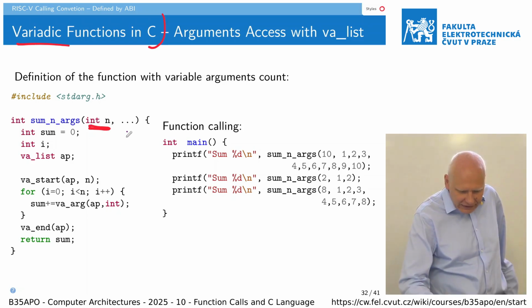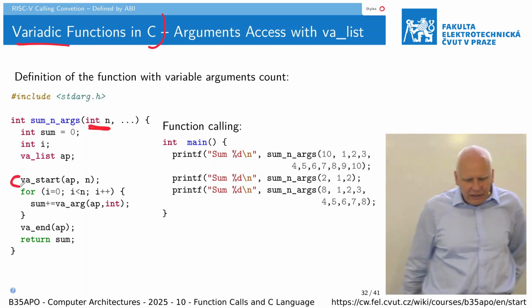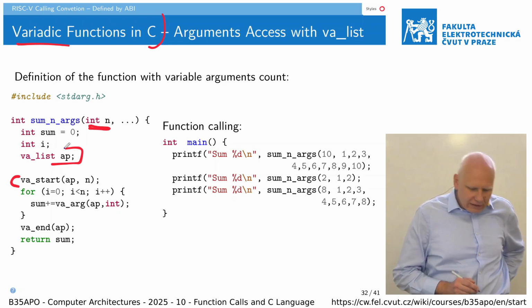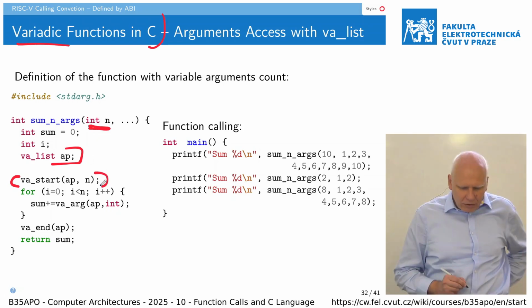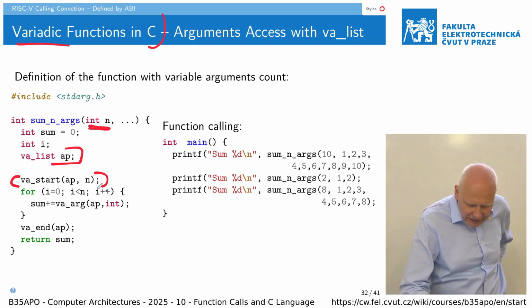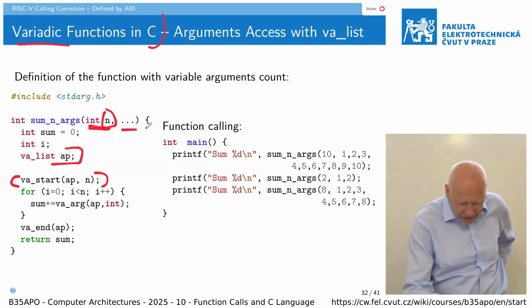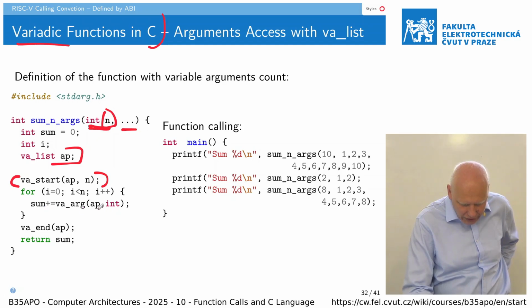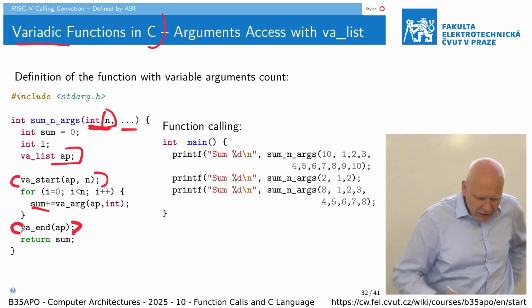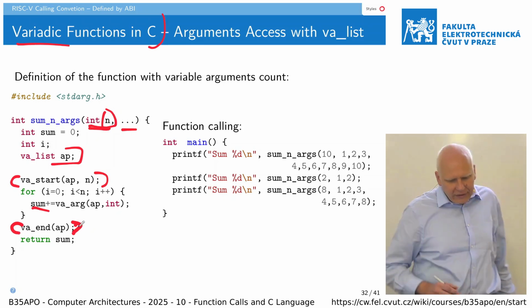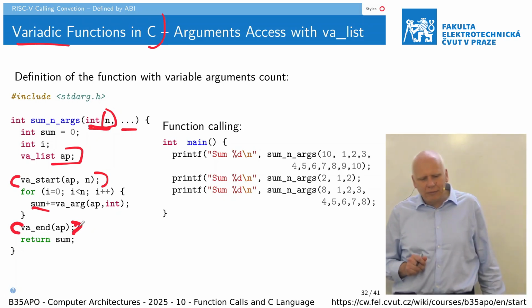So how can we access those arguments? First, we set up this special variable argument list with va_start. Then, in this case we know that the n following arguments are what we want to access, and then we can go through all those arguments and sum them, for example, and at the end we should stop our iteration over the variable argument list, and in today's systems it is critical.